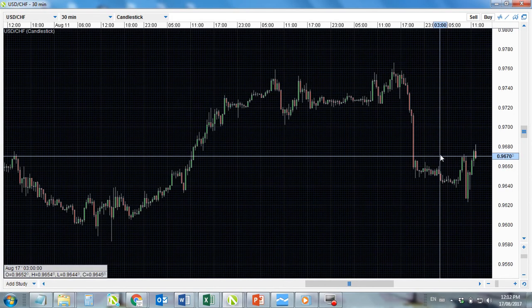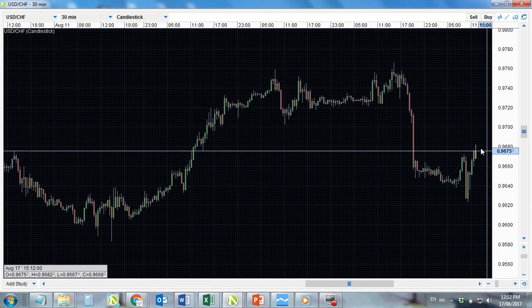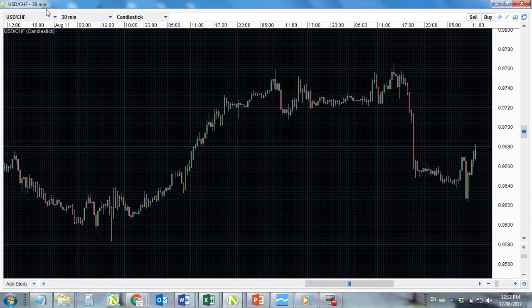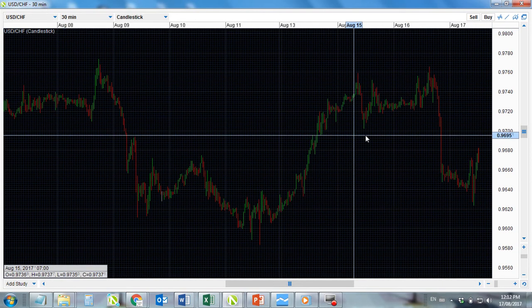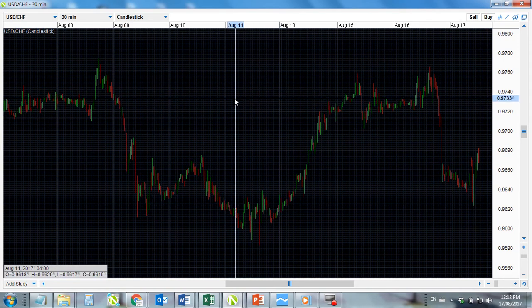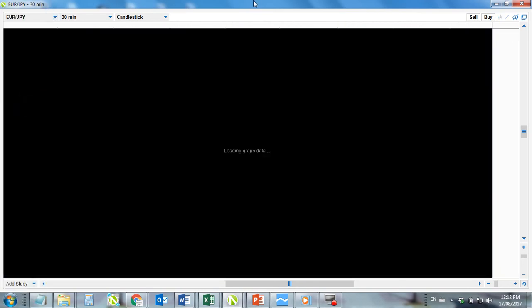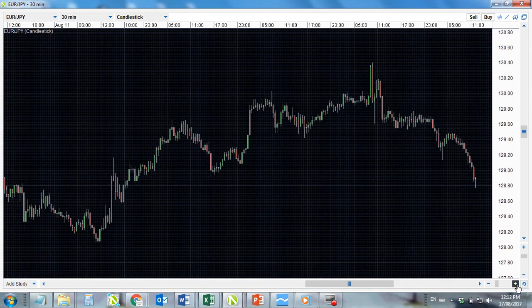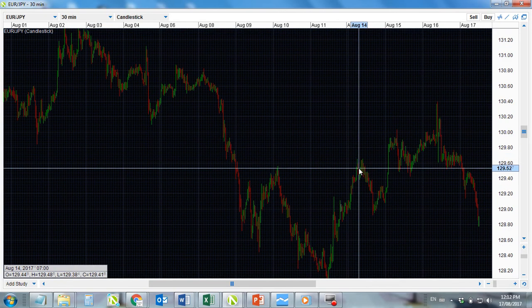Let's see, USD CHF, similar to what we just saw. It looks like the United States dollar wants to start strengthening a little bit, but then again, we're only looking at the 30-minute time frame, and also we're in this consolidation or sideways movement, which is not showing any strong direction of any trend.